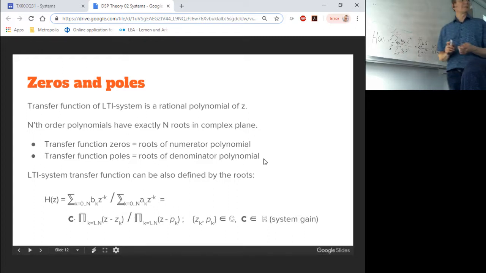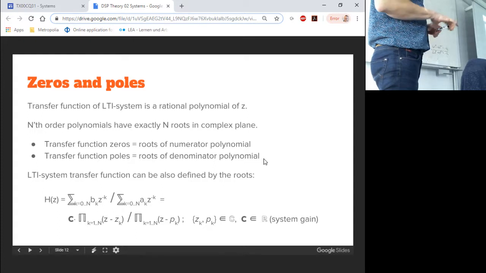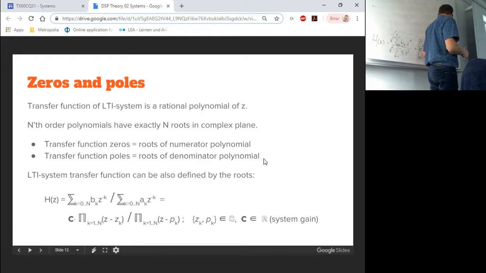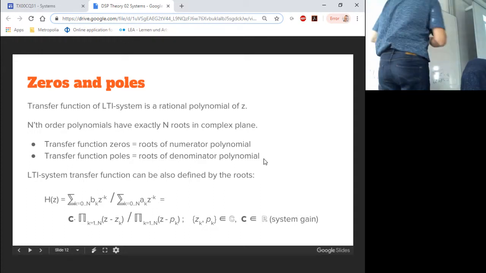Evidently, this is a polynomial or rational polynomial in the complex plane, or yes, complex numbers z, meaning that now I have an nth degree polynomial, so I have exactly n roots.